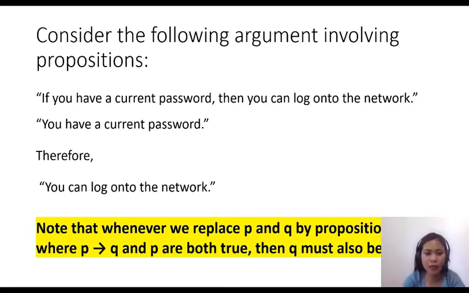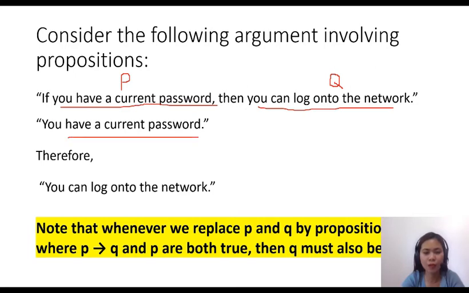So let's say, if you have a current password, we will represent this with proposition P. And then you can log onto the network, that will be represented by proposition Q. So you have a current password. This is the same as the first proposition, so this is also P. And then the conclusion, you can log onto the network.